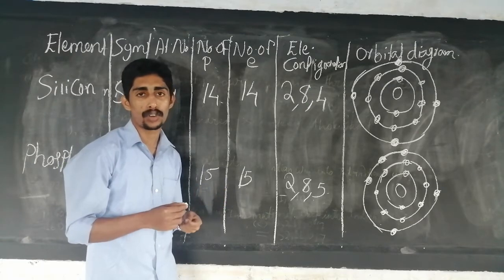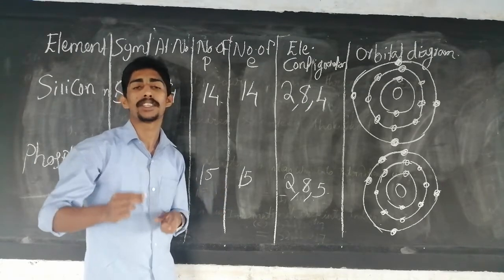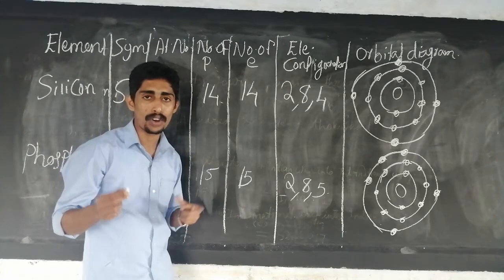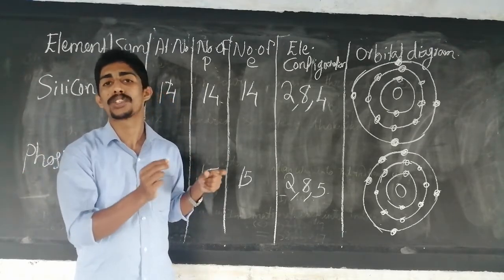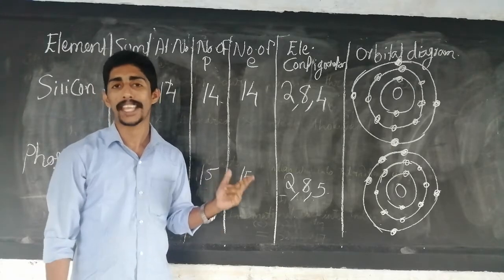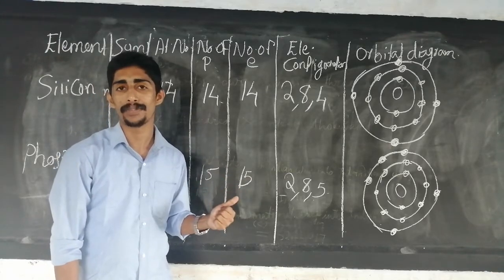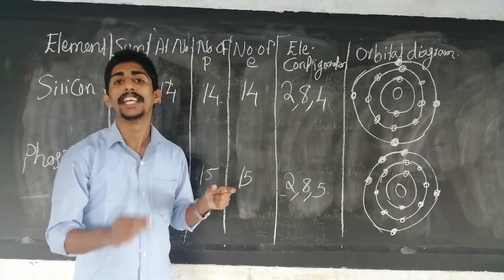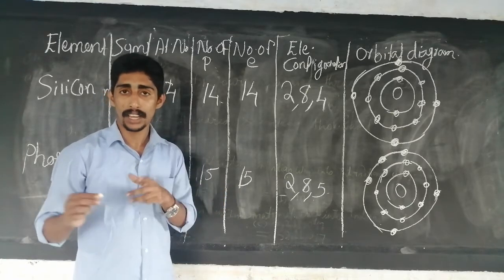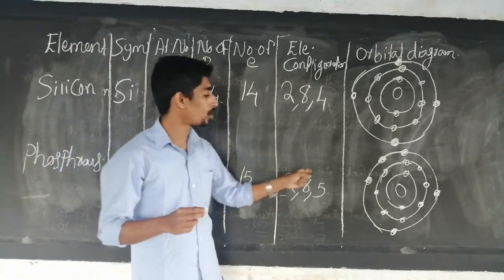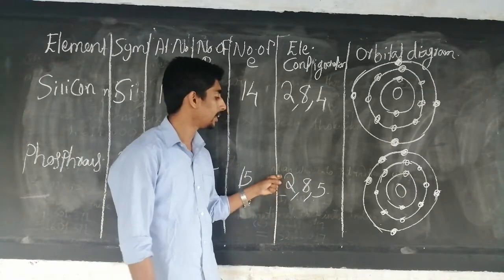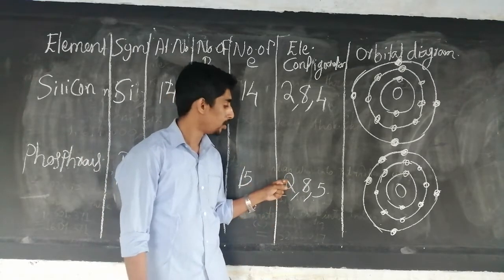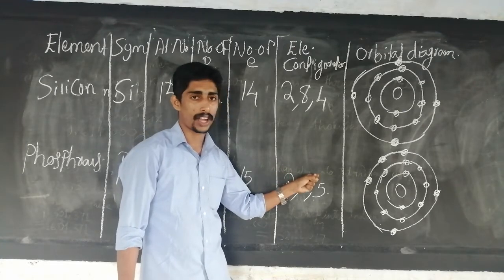Then how many electrons are remaining? 15 minus 2, 13 electrons. From these 13 electrons, 8 electrons will go to the second shell, means L shell. Then how many electrons are remaining? 13 minus 8, 5. Those 5 electrons will go to the third shell. So we will get the electronic configuration as 2, 8, 5.